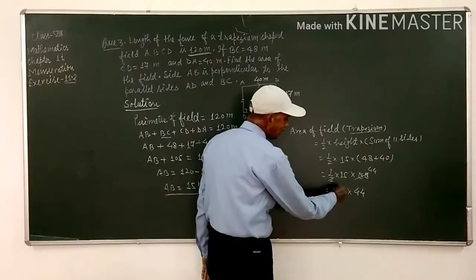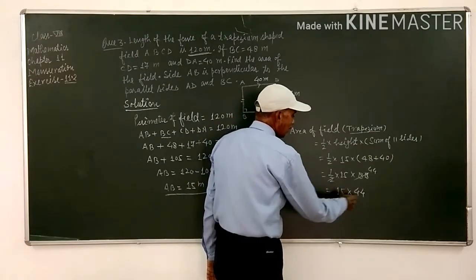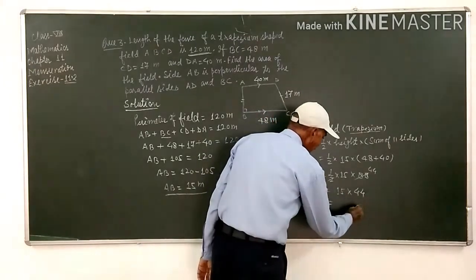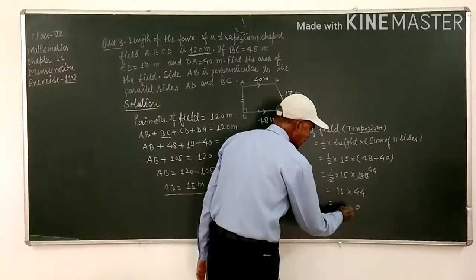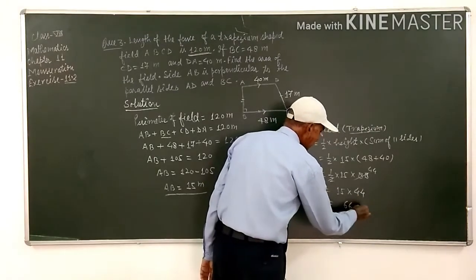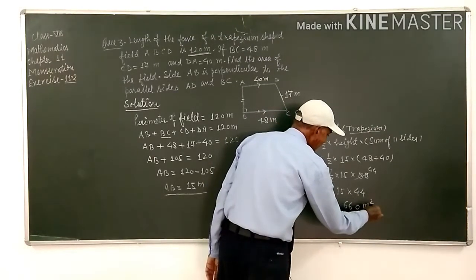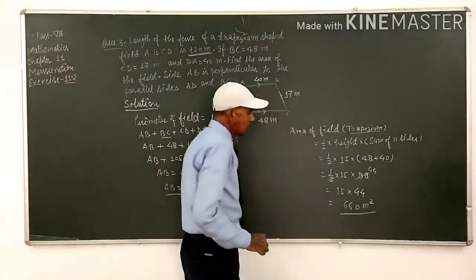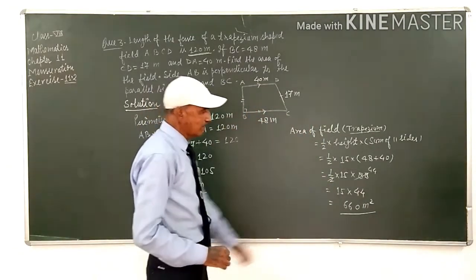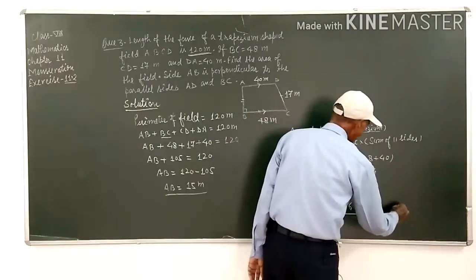Now we have to multiply 44 by 15. 15 into 4 is 60, and 6, that is 660 meter square. So the area of this trapezium field is 660 meter square. This is the answer, student.